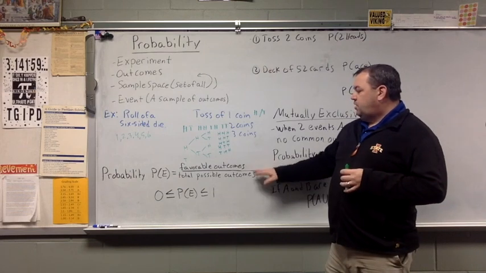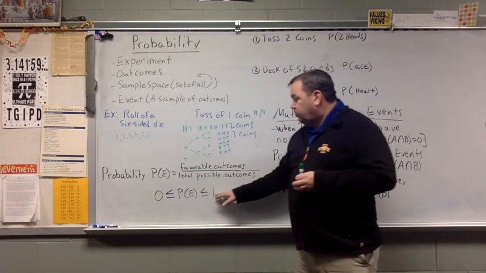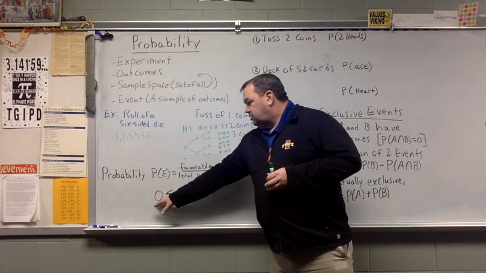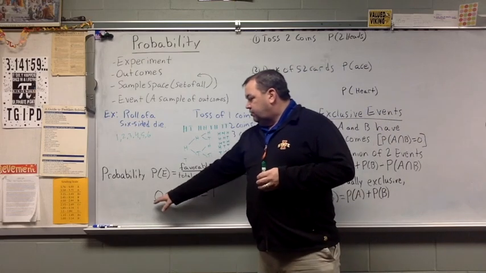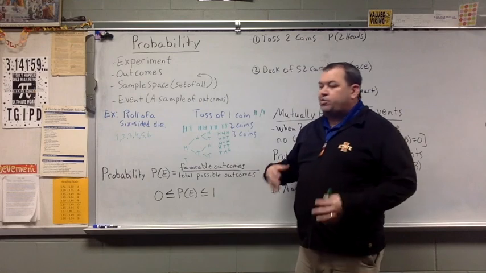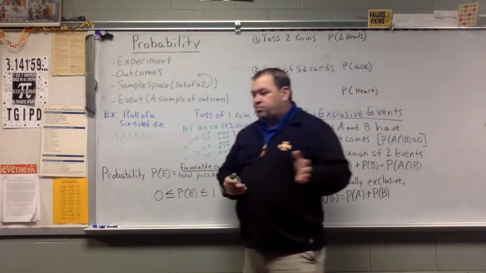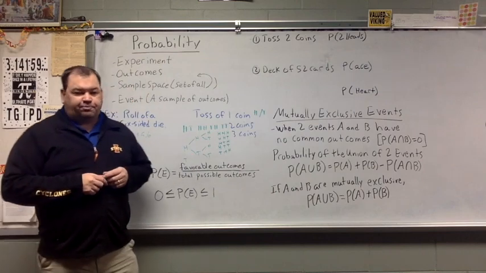They all mean the same thing, they all come from this calculation. But the one thing you'll notice is that they always land somewhere between 0 and 1. If I have a probability of 0, it's never going to happen. If I have a probability of 1, it's always going to happen. And most of our probabilities land somewhere on that spectrum between 0 and 1.